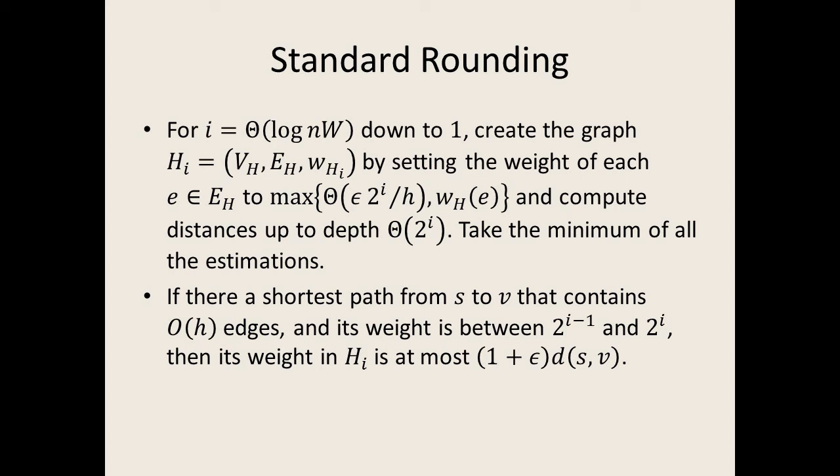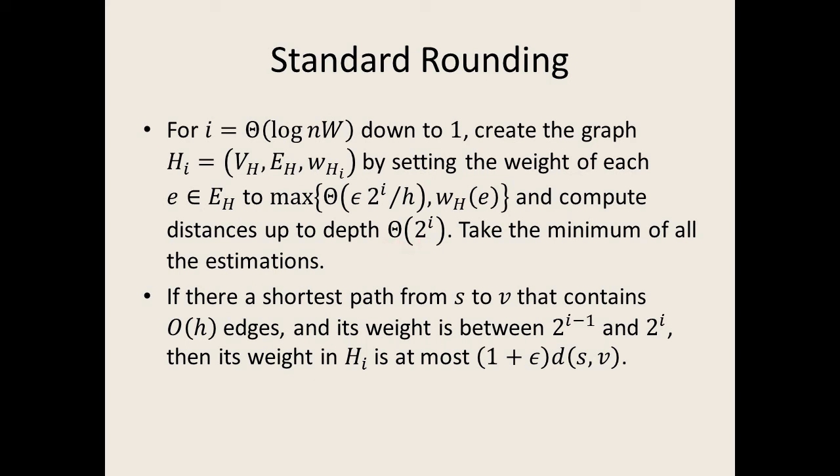Recall that in the standard rounding technique, we perform an order of log n w iterations, where w is the maximum edge weight. And in each such iteration, we change the weight of each edge to be the maximum of these two values. And then we compute distances up to depth 2 to the i in this graph.